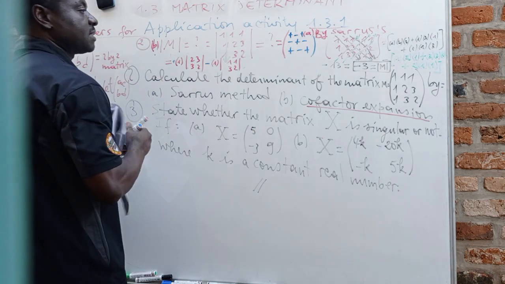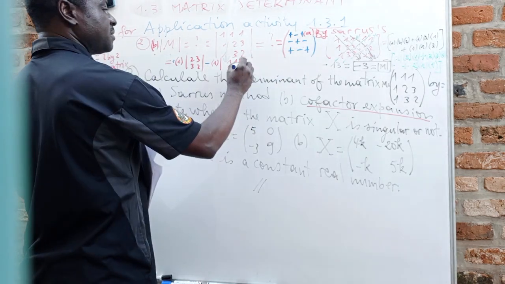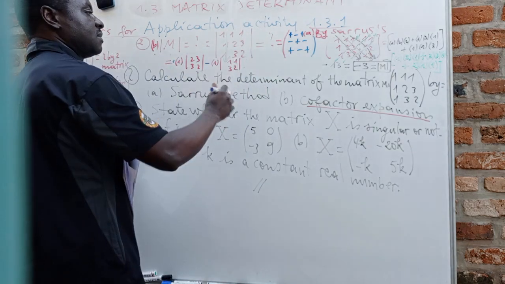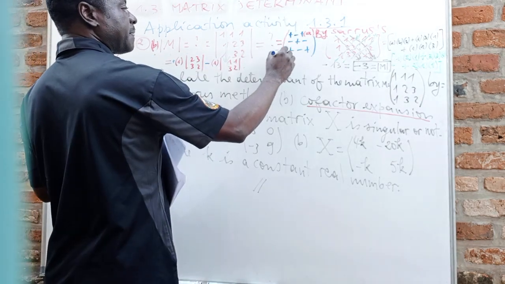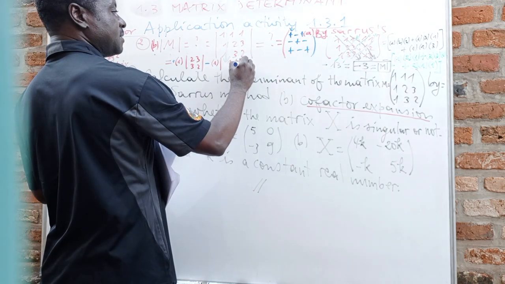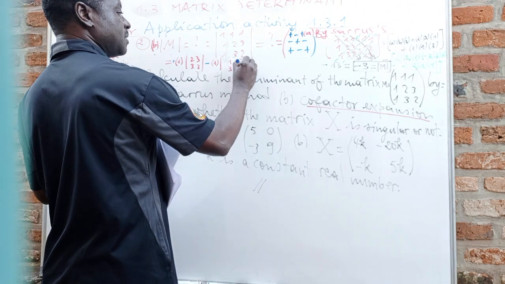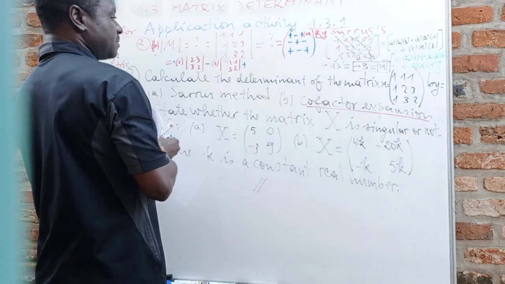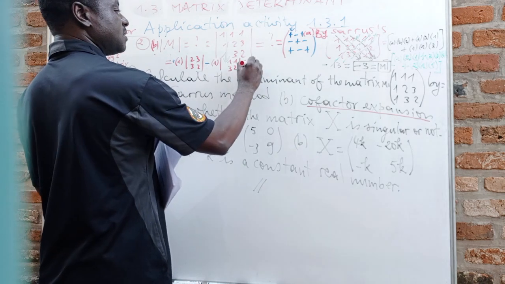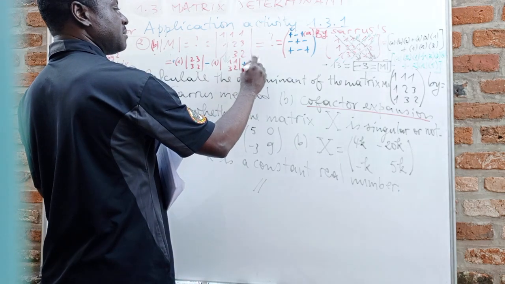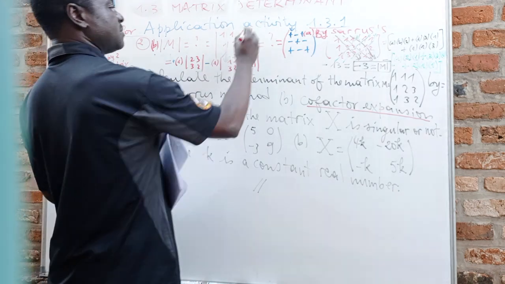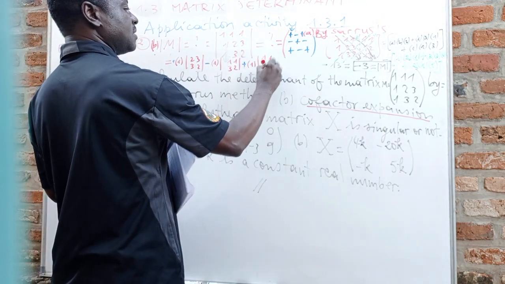Now, next, I have the positive sign because I'm expanding according to the first column. I will get the sign positive plus. Now, this is again 1 times the determinant when I remove the last row, third row, and the first column. Left is 1, 1, 2, 3.